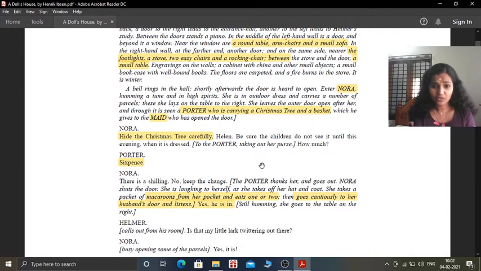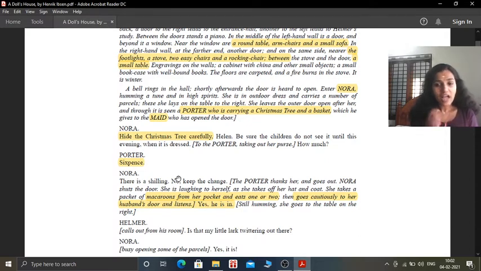Okay, you can see that. And she took a packet of macaroons. Macaroons is a kind of sweet which she used to eat. She likes it. It's something like chocolates, whatever it is, it is something to eat, and she likes it.